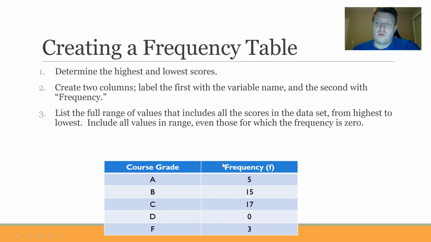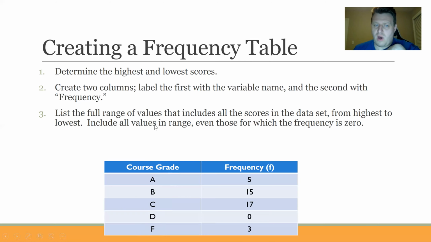And typically we want to arrange them in some way. Here I have A all the way through F, so we've got the highest scores up here and the lowest scores down here. If this was some numeric data, I'd do the same thing with the higher scores up here, the lower scores down here. You could flip them, just as long as there's some order to them.